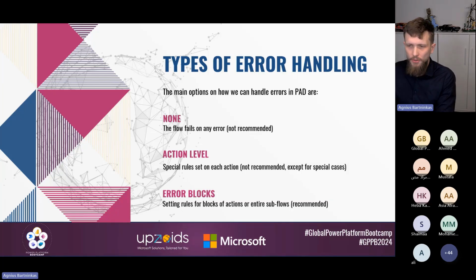But the actually recommended way of handling errors in Power Automate Desktop is using the so-called error blocks. They're similar to scopes, but work slightly differently. And they essentially allow us to set rules on groups of actions or entire subflows or even the entire flow if we wanted to.